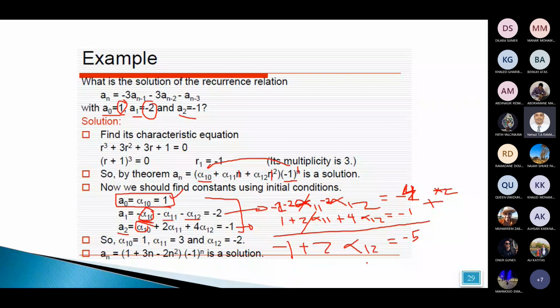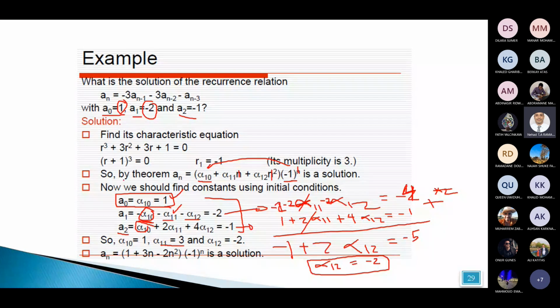So from this, you will find that α_{1,2} equals minus 2. Why minus 2? Minus 5 plus 1, it's minus 4, divided by 2, it's minus 2. In any of these equations, put minus 2 instead of α_{1,2} and 1 instead of α_{1,0}, then you will get α_{1,1}, and you will find it as 3.